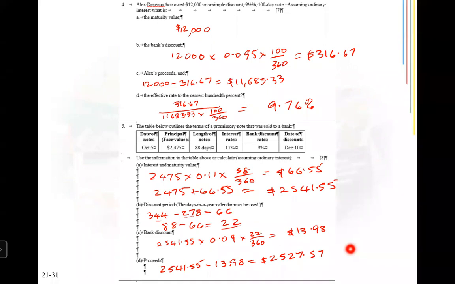The more you are able to do, the more you can increase your skill and proficiency in doing these calculations. So as much as possible, please try to get all the homework done and submit it so you can be credited.